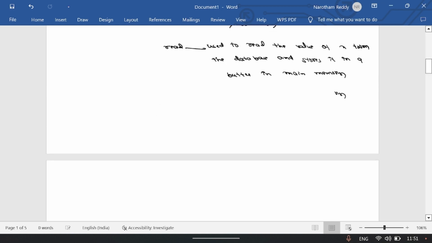Write is used to write the value back to the database from the buffer.